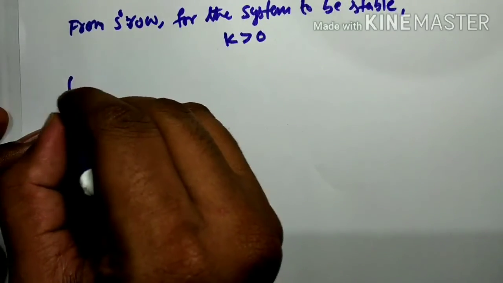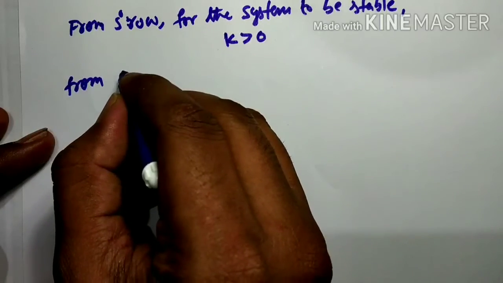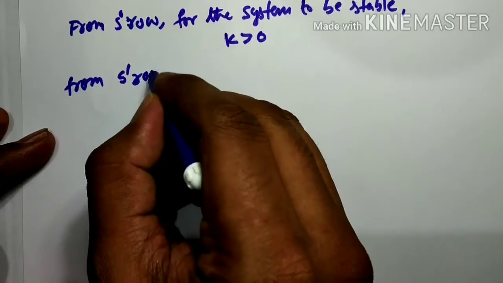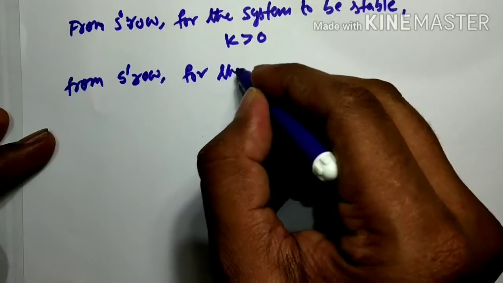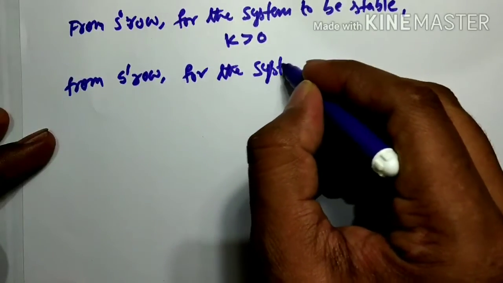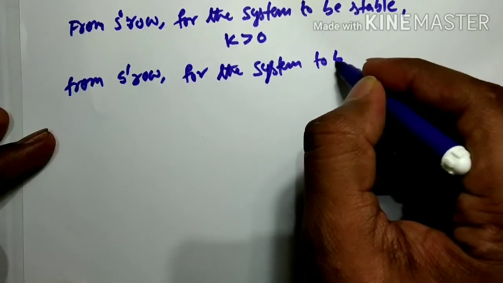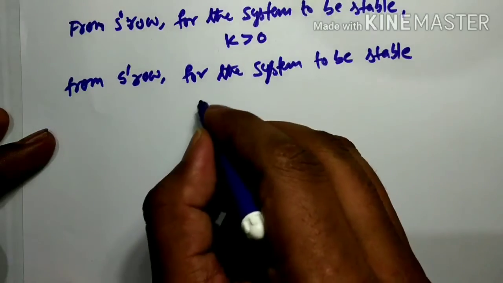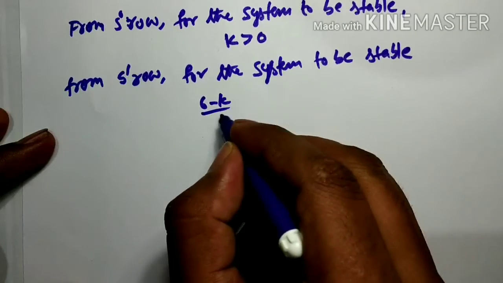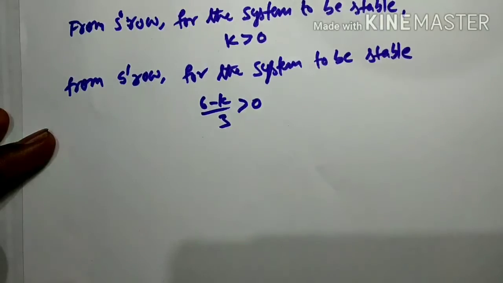Okay, then from the s power 1 row, for the system to be stable, (6 minus k) by 3 greater than 0.